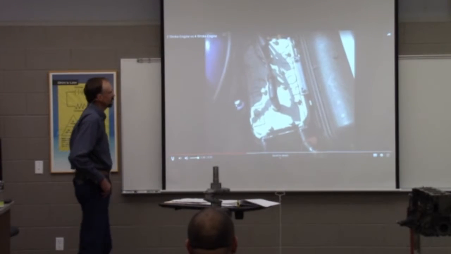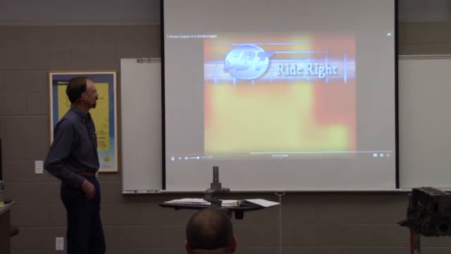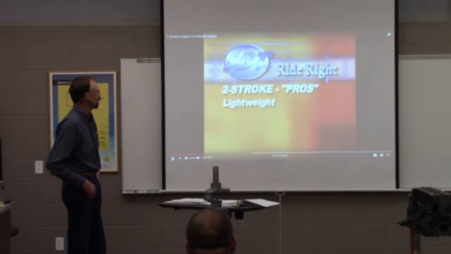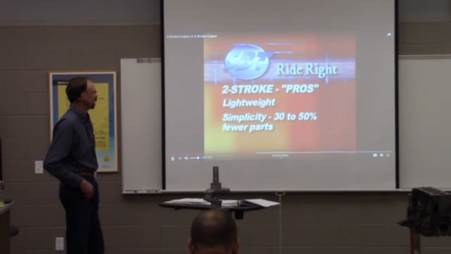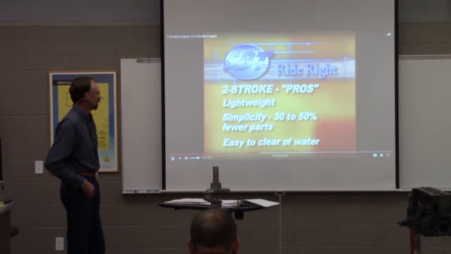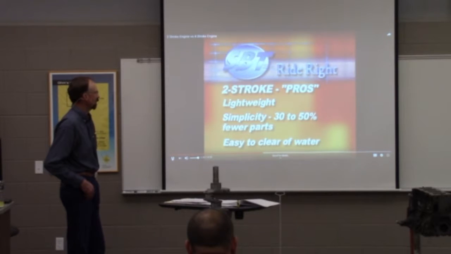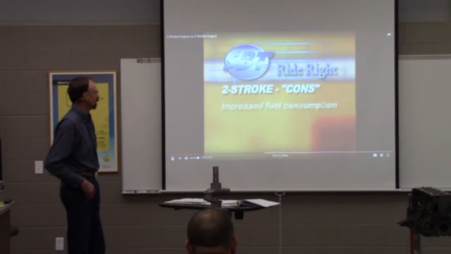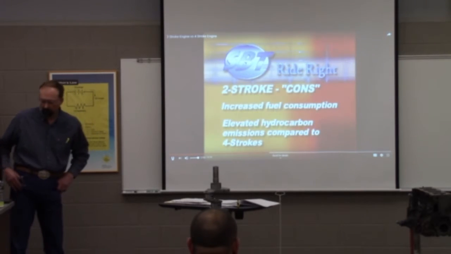The biggest advantages are lightweight and simplicity of parts. The engine itself weighs typically less than a 4-stroke of similar power output. There are anywhere from 30 percent fewer moving parts in a 2-stroke engine compared to a 4-stroke. Also much easier to drive a 2-stroke on the water. Biggest disadvantages are increased fuel consumption and elevated hydrocarbon emissions from its exhaust compared to a 4-stroke.